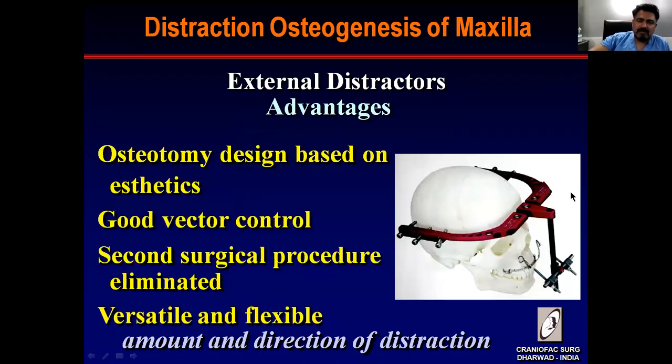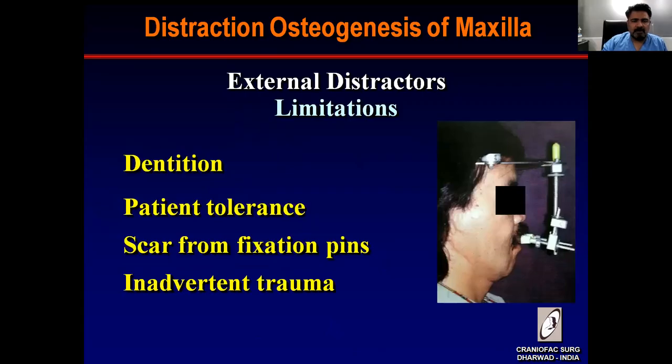The advantages of the external distractor: the osteotomy design is based on aesthetics, good vector control, a second surgical procedure is eliminated, and it is versatile and flexible. Limitations: dentition can't be done with the external distractor, then patient tolerance, scars from fixation pins, and adventitious trauma.